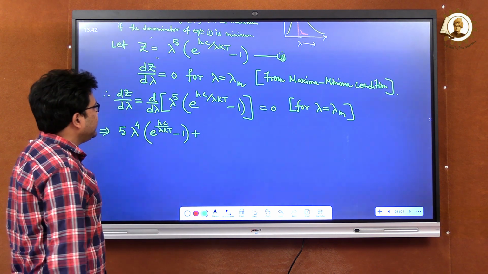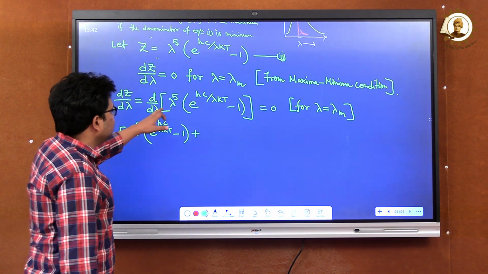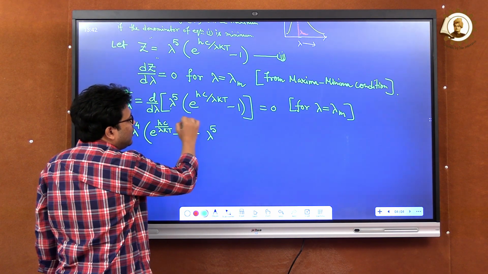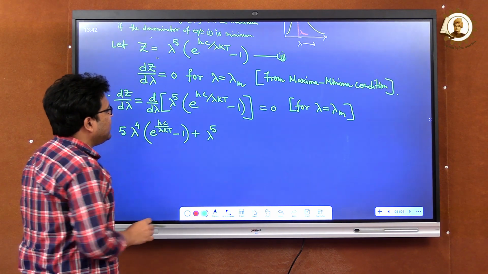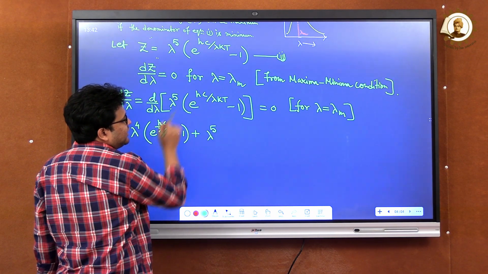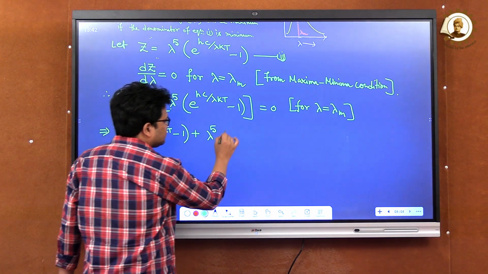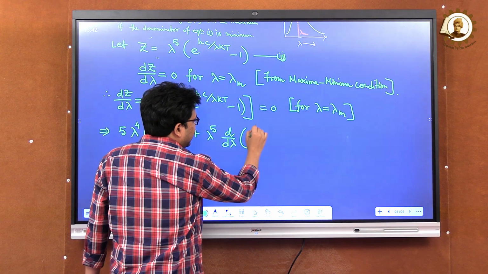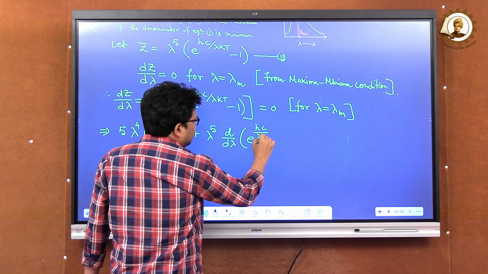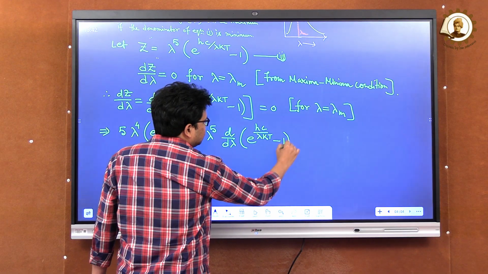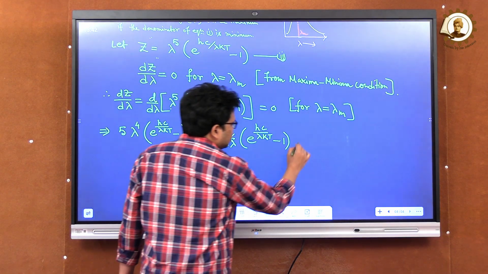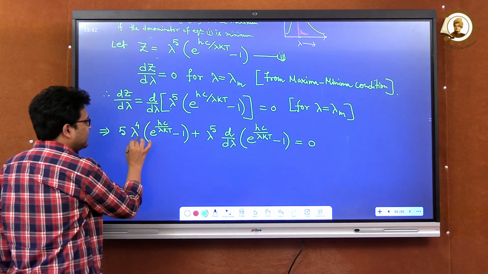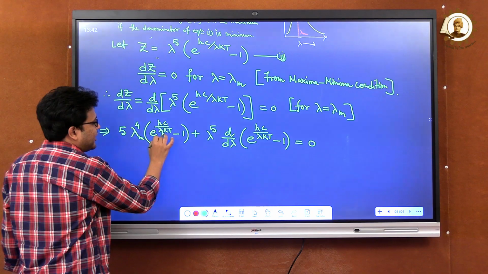Plus, in the second term, we keep lambda to the power 5 constant and operate d by d lambda on the quantity e to the power hc by lambda kT minus 1, which equals 0 for lambda equals lambda m. Here I am adding the subscript lambda m.